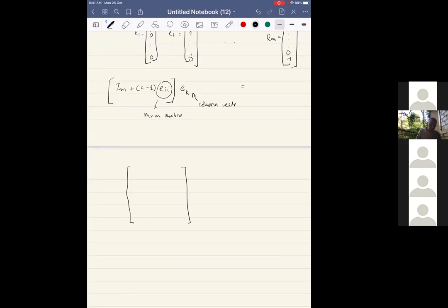But if you just write this out, what does this do? In this spot I get C. So this is this matrix. Does everybody agree with this?